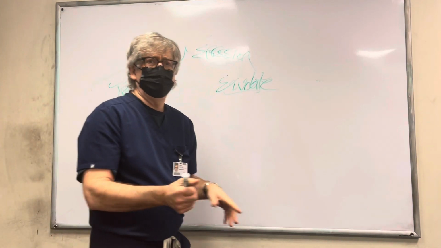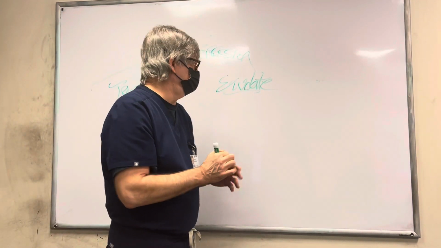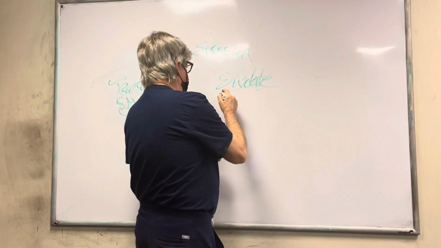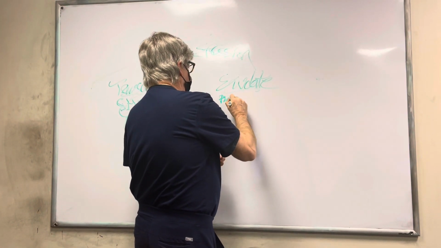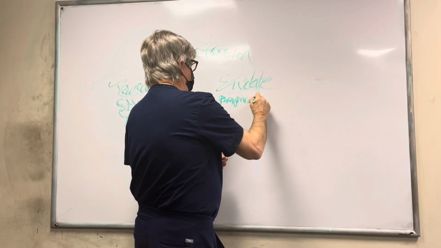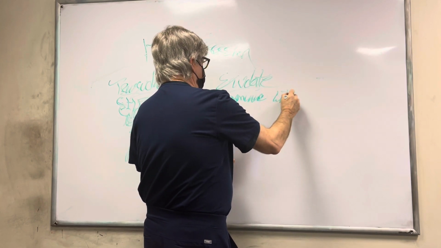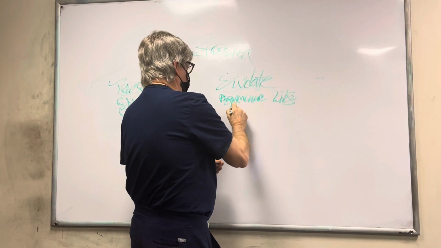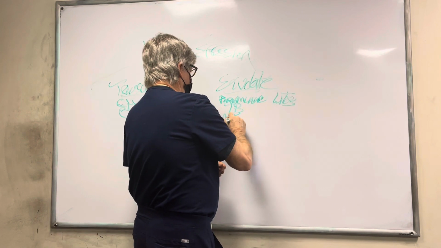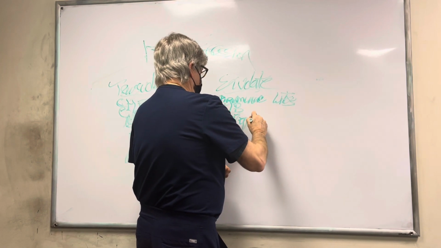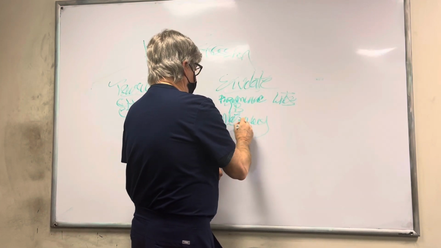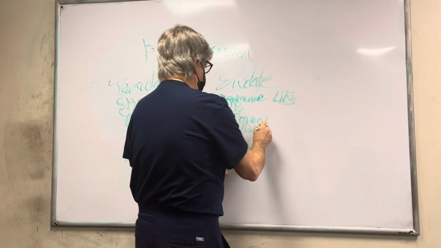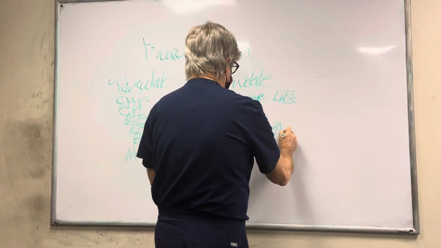Now, if you're thinking of exudative pleural effusions, number one, you're going to think of parapneumonic effusions, which are due to infection, usually bacterial infections, tuberculosis, malignancy, and connective tissue diseases, especially rheumatoid arthritis and lupus.